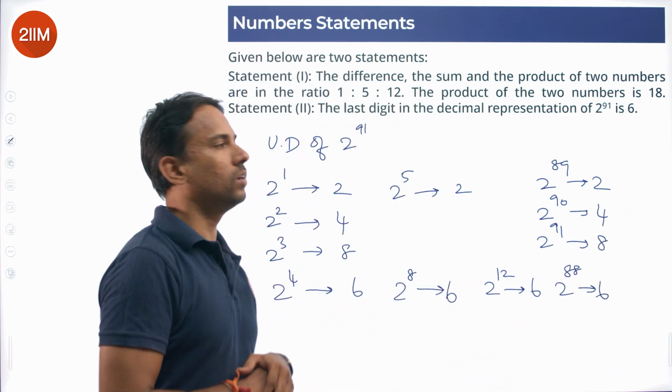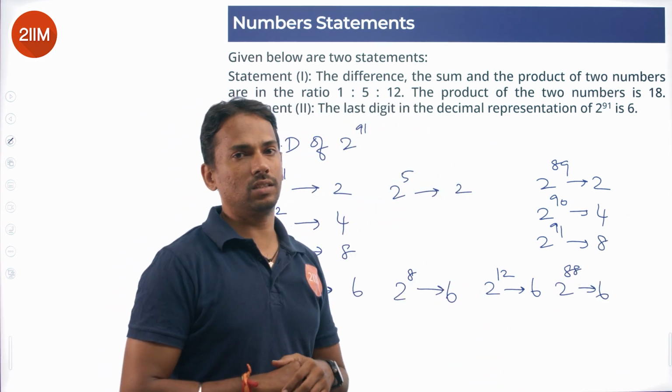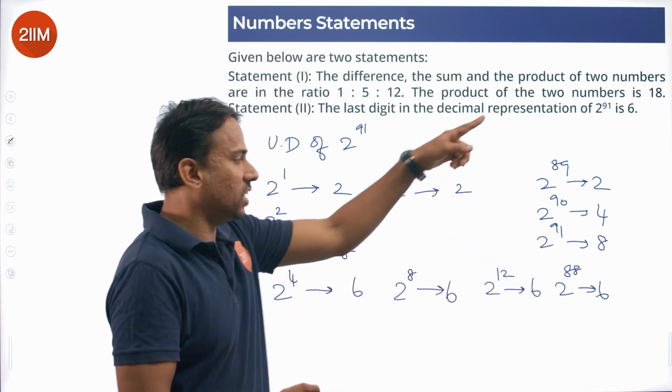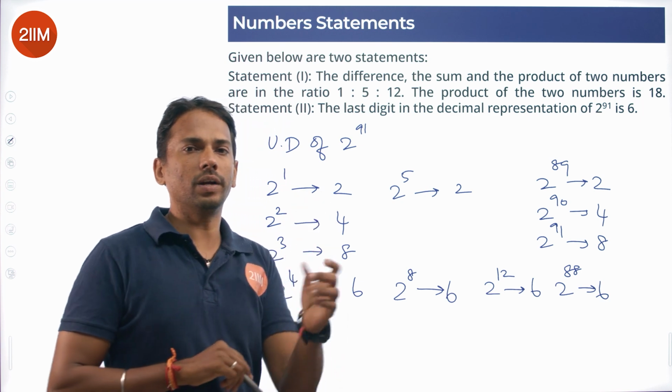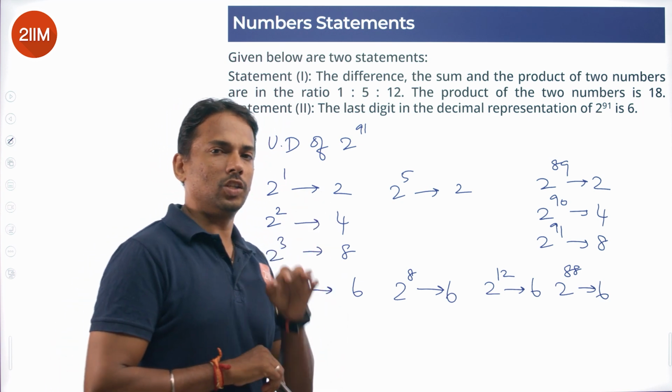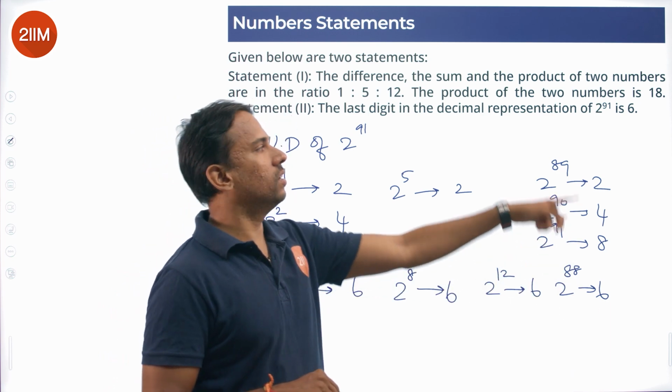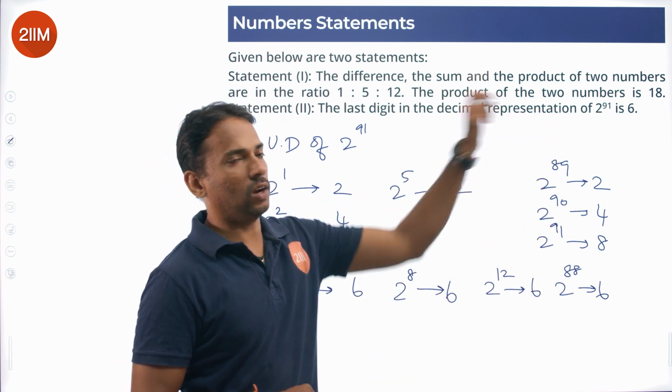It should be 8. But it says 2 power 91 is 6. No, 2 power 91 is 8. 2 power 92 will be again 6, because 92 becomes a multiple of 4. But what we have here is 2 power 91, that is 8. So the unit digit is going to be 8 and not 6.